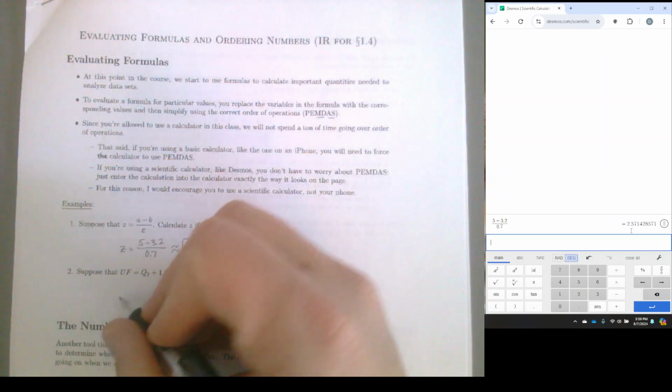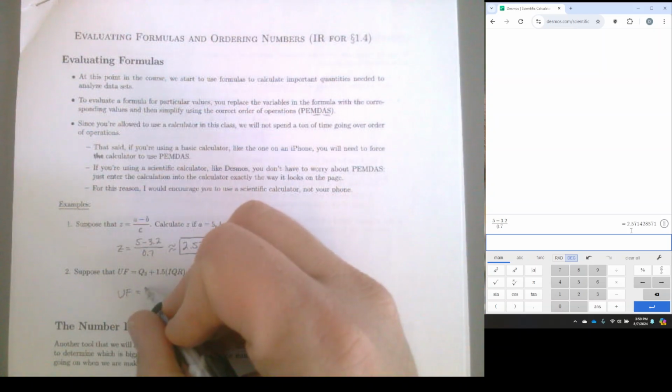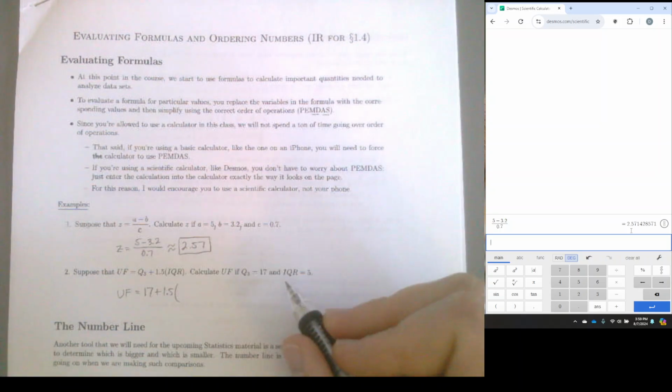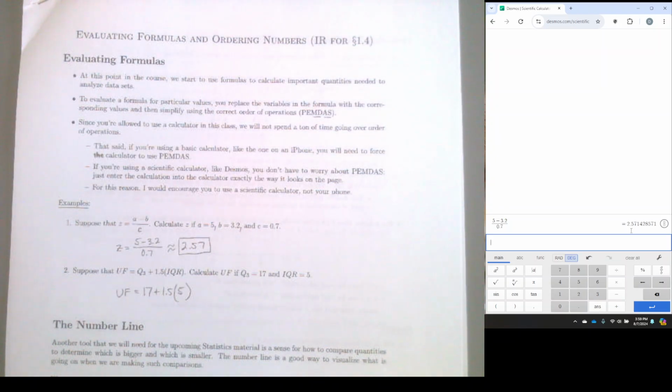Right? So UF would equal Q3, right, which is 17, plus 1.5 times IQR, which is 5. Okay? And that's what that would look like. Now, these parentheses indicate multiplication. Okay? If there's not an operation written, if there's not like a plus or a minus or a divide or something, then it's assumed that it means multiplication.